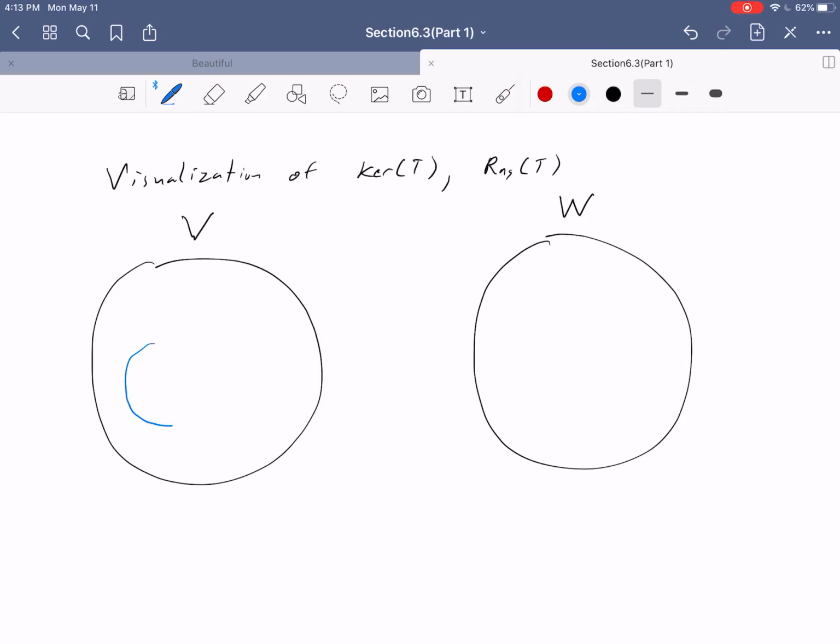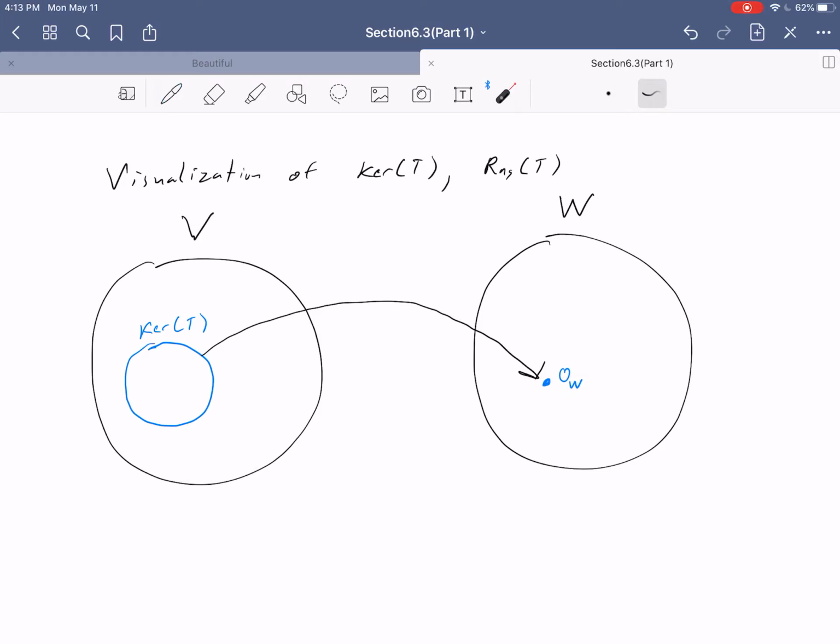So we can say that there's a little section in here, its own little space, where all of this stuff, which we would call kernel of T, under this mapping, this entire section gets mapped to the single vector, the zero vector in W.